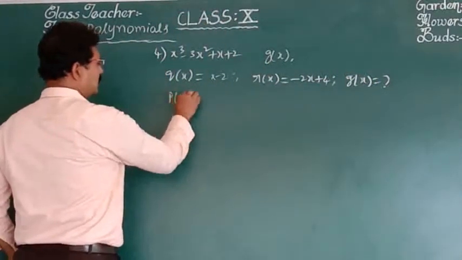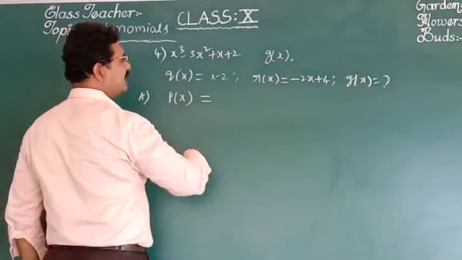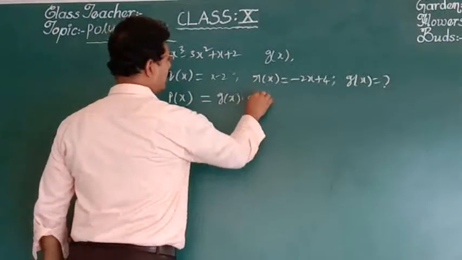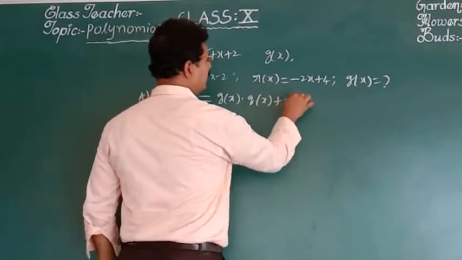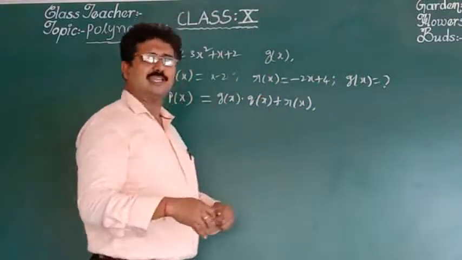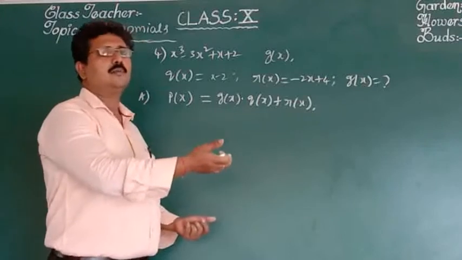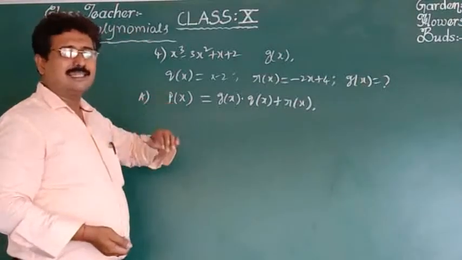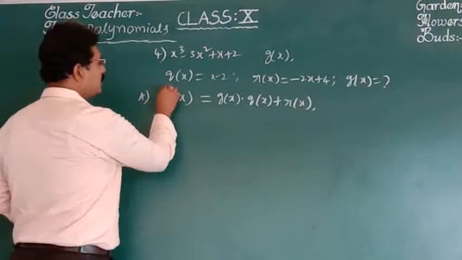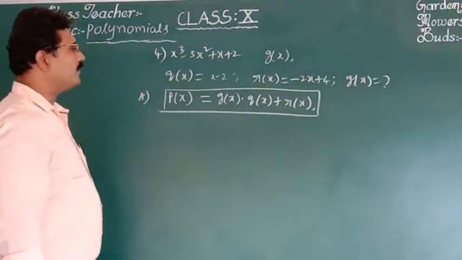The divisor is g of x, the quotient is q of x, and the remainder is r of x. Of course, the condition is that the degree of r is less than the degree of the divisor. Now dividend is equal to divisor into quotient plus remainder, that is p of x is equal to g of x into q of x plus r of x.